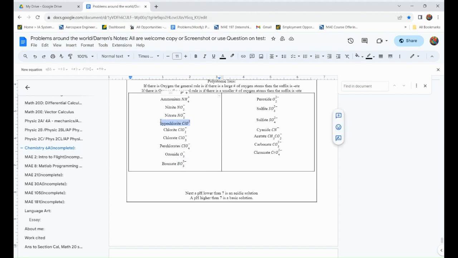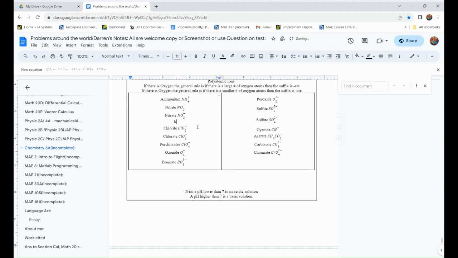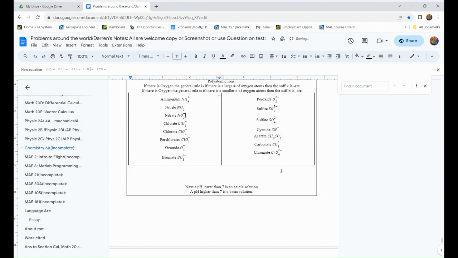Actually, thinking about it, I kind of want to delete this one because I messed up the writing portion of it. One, two, three, four, five, six, seven, eight. One, two, three, four, five, six, seven. Oh, I could add one more, which will complete it.